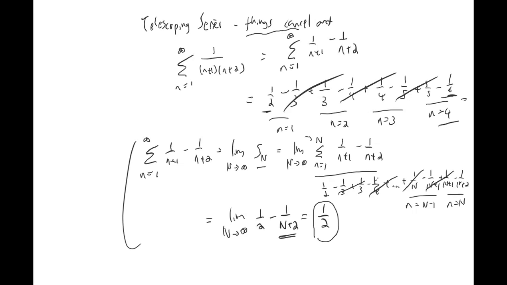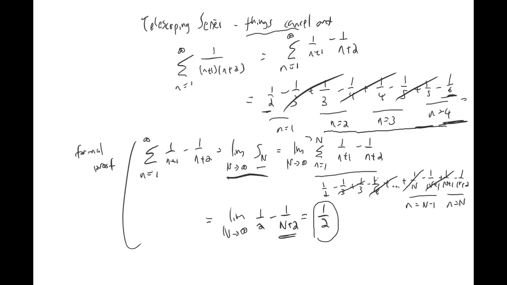The earlier part was just to give you an intuition of what's happening, but from here you could easily see that this thing's going to be a half. So this is the formal way to write it, because we're using the actual definition.